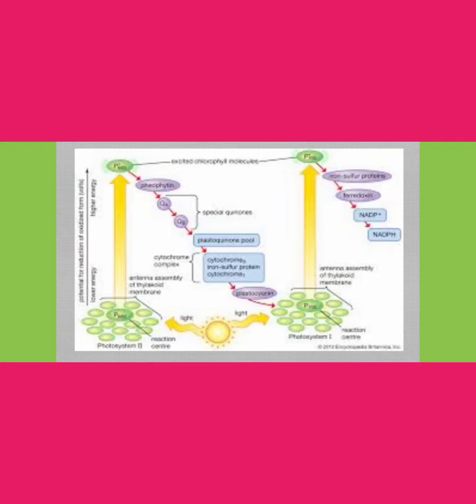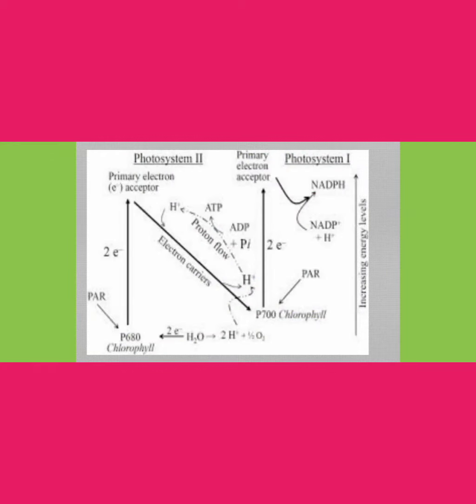In order to receive this electron given by P680, the P700 should already have a deficiency of that electron. The deficiency develops in P700 by donating the electron to NADP+. So like this, the electron from P680 moves to P700, and from P700 the electron moves to NADP+. You can observe in this picture all this movement of electrons.